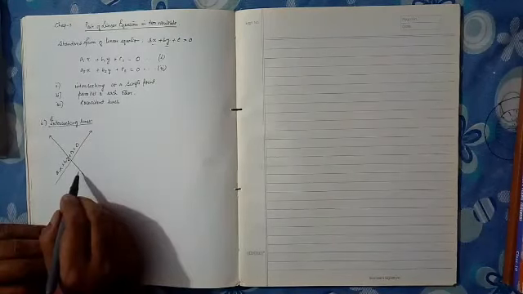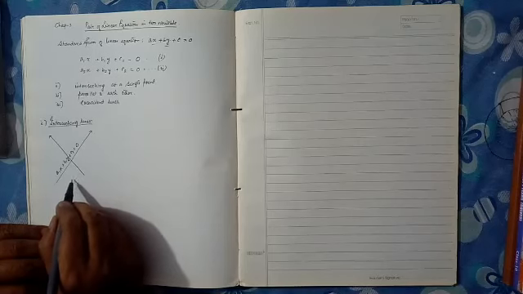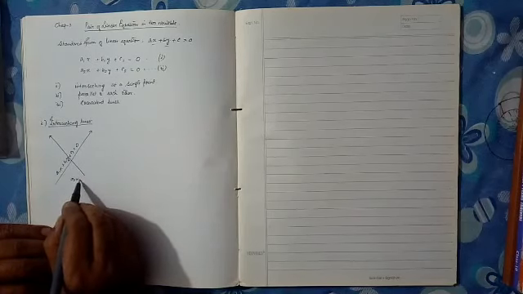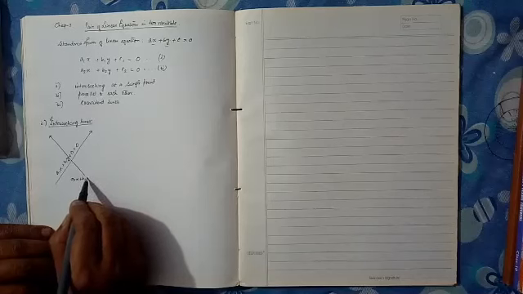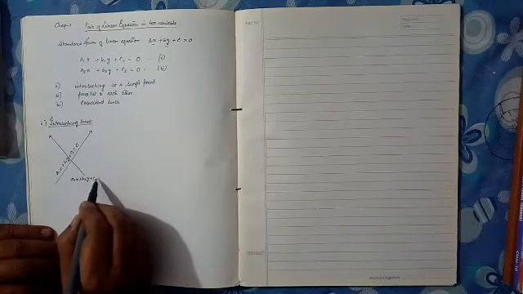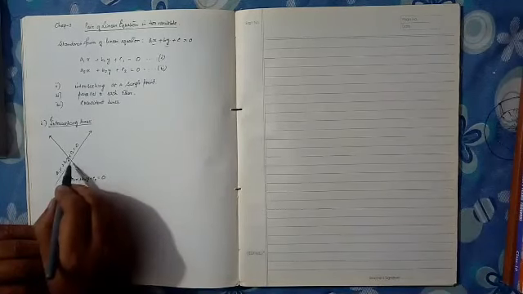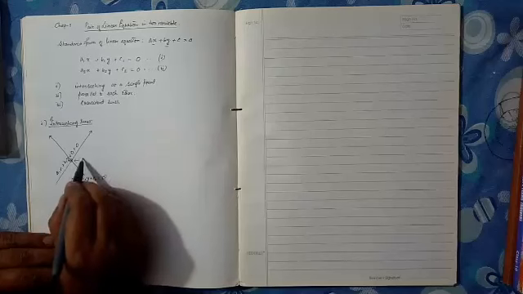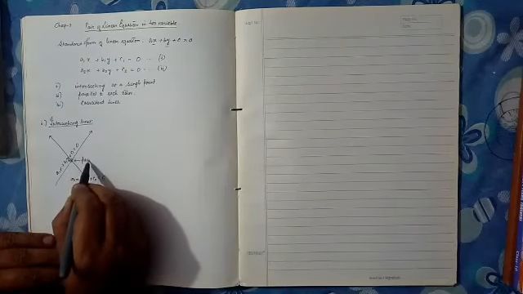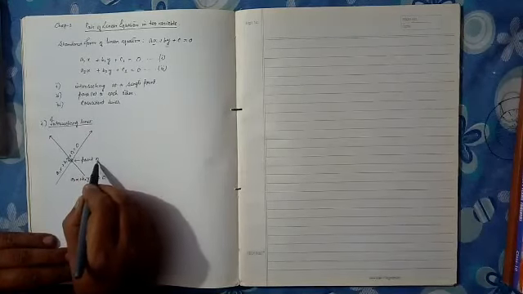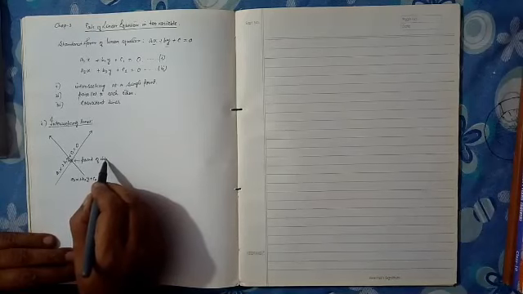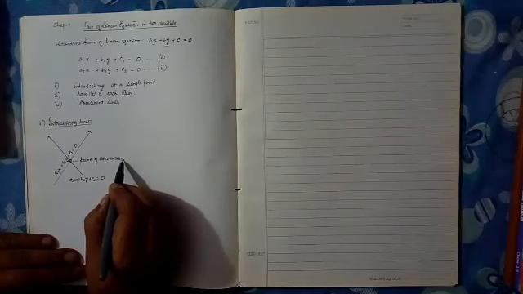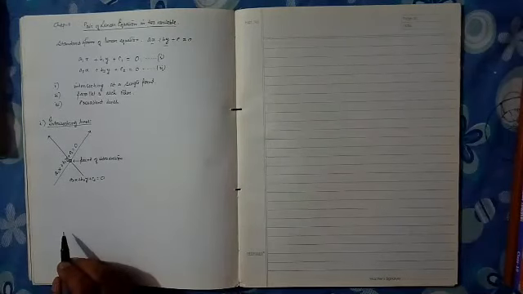Say the equation of this line is a2x plus b2y plus c2 is equal to 0. So this point is the point of intersection.